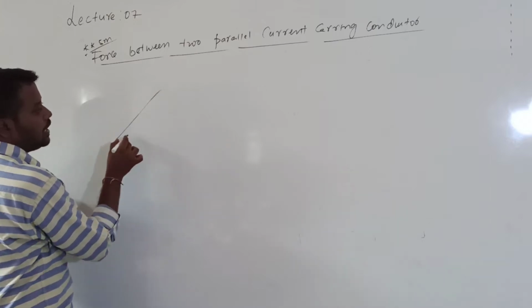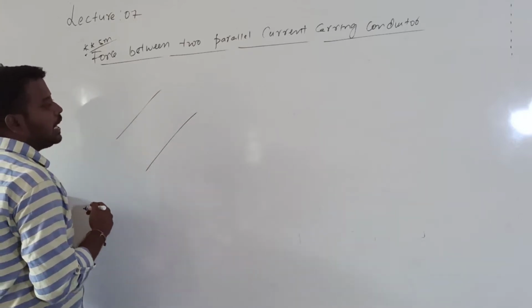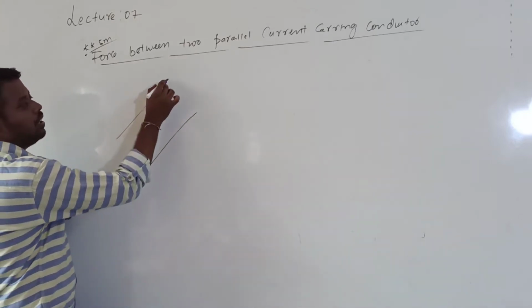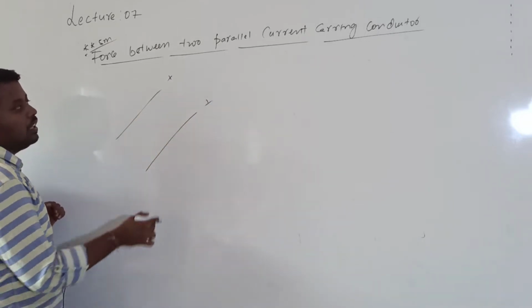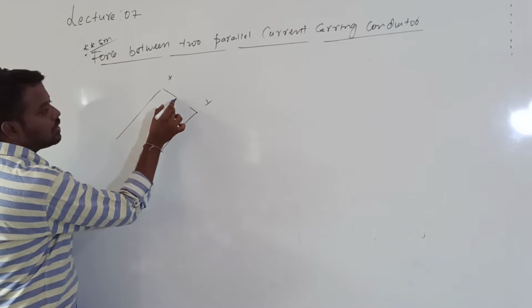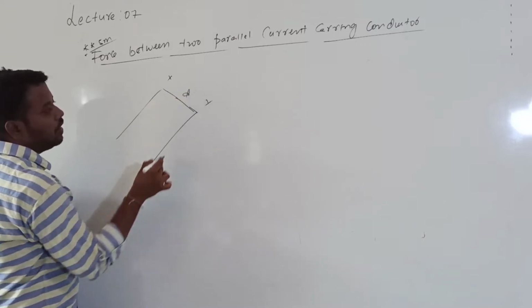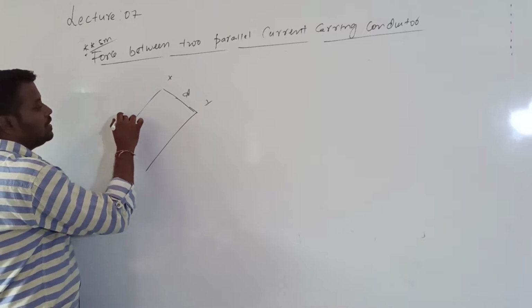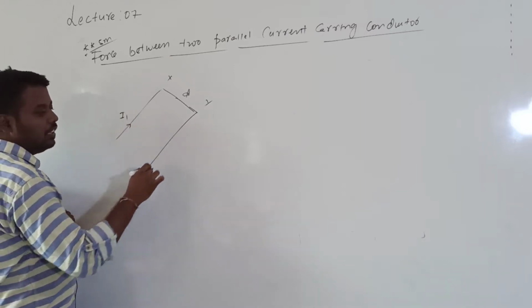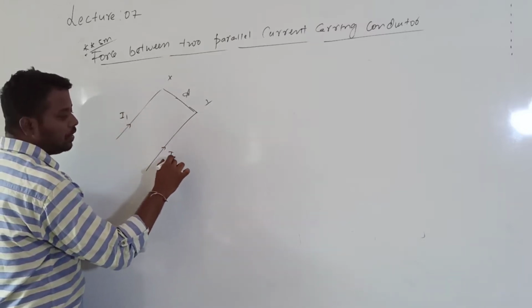So let me consider two conductors carrying a current. Let me call one conductor X and the other conductor Y. These two conductors are separated by a distance d in free space or vacuum, such that the first conductor carries a current I1 and the second conductor carries a current I2.